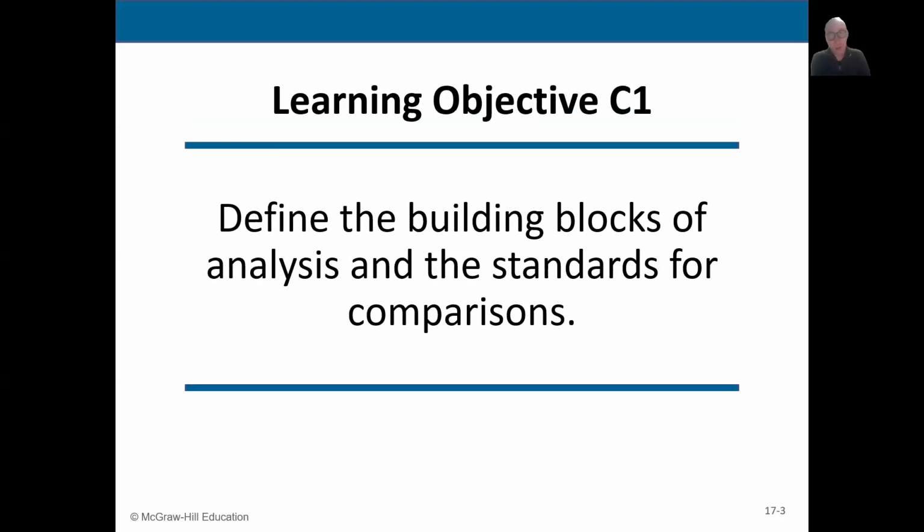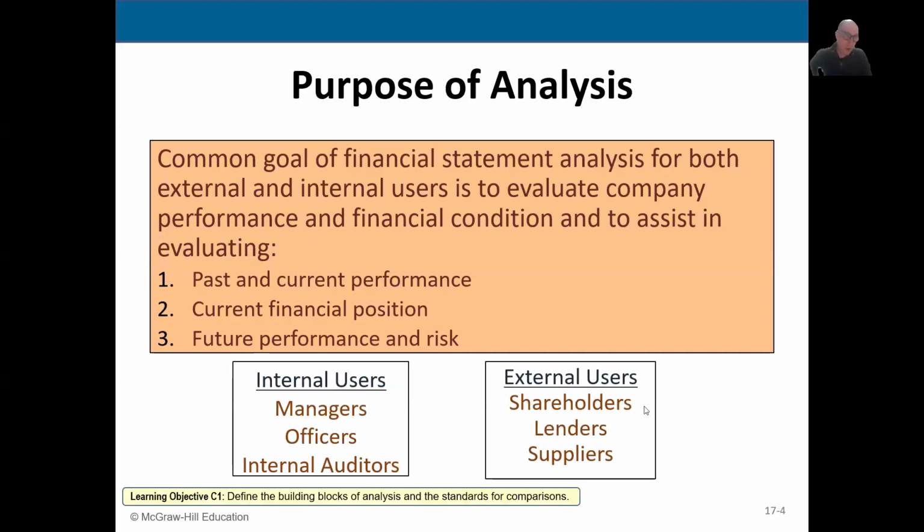So the first thing we need to understand is, who are the readers of our financial statements? Why do they care about the financial performance of the company? To do that, we look at the purpose. The reason why we analyze financial statements is to understand our past performance and our current performance.